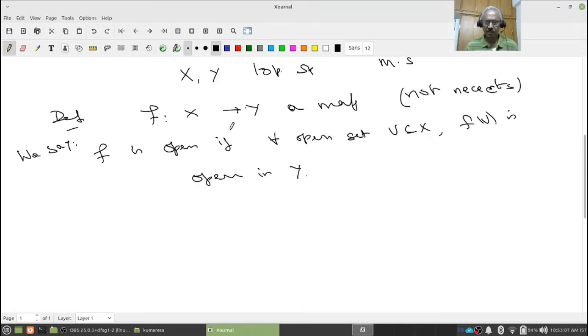These open mapping theorems are very important in analysis and topology in general. At least 3 occasions you should be aware of. One is here in functional analysis. The other one is in complex analysis. There is also an open mapping theorem: if you have a non-constant holomorphic function on a connected open set, then it is an open map. The third is in several variable calculus, where we prove the inverse function theorem.